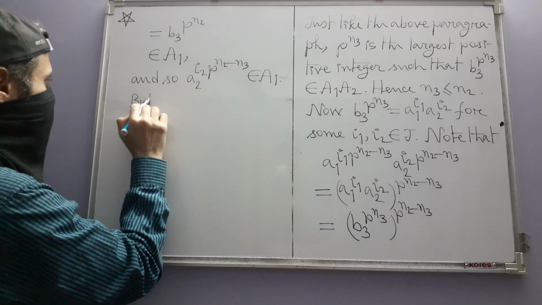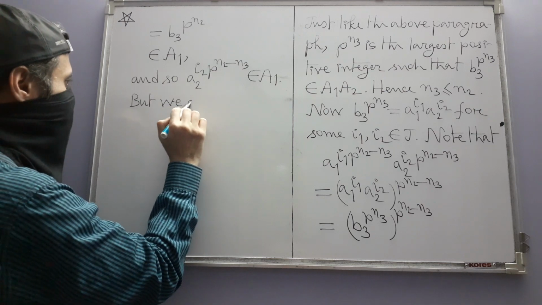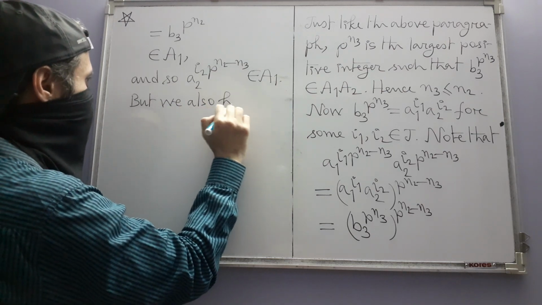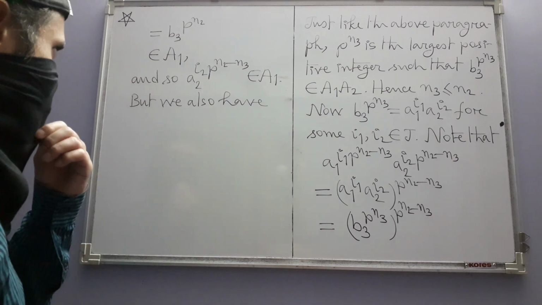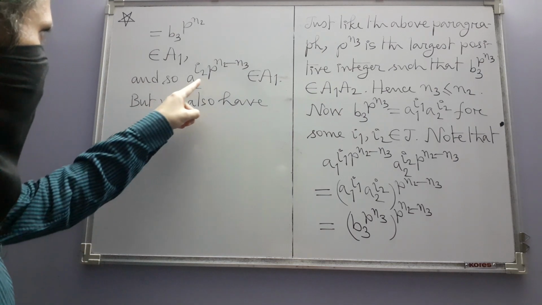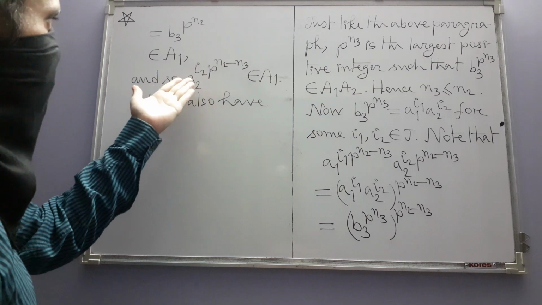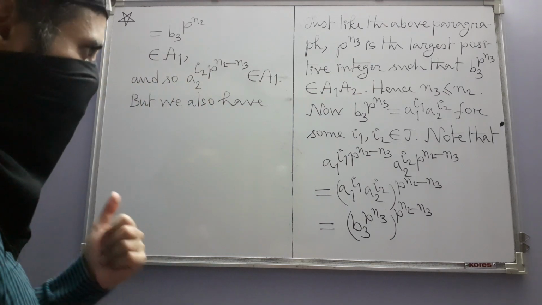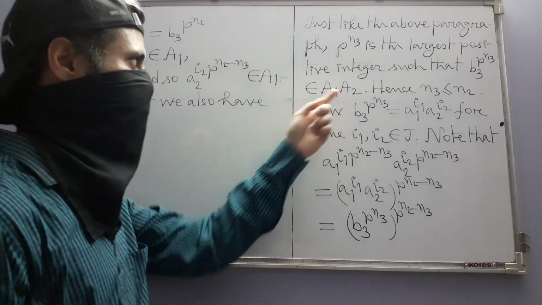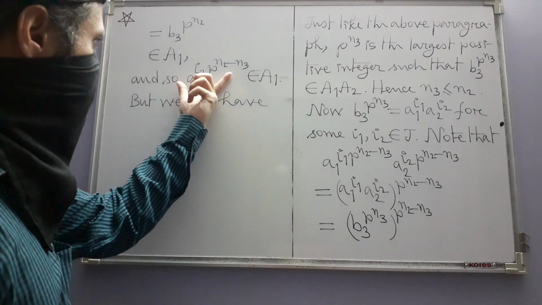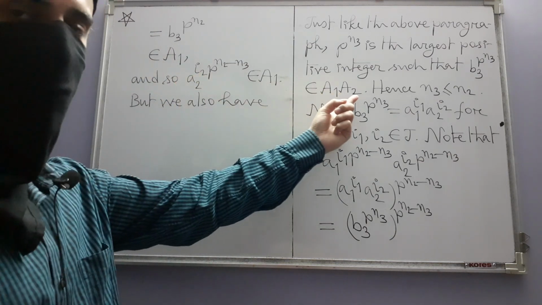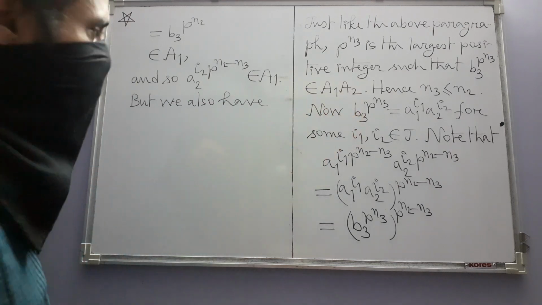But we also have, okay, now let us also consider the fact that this element is a power of A2, and capital A2 is the cyclic subgroup generated by that small a2. So this power of A2, P to the power N2 minus N3, will simultaneously belong to capital A2 as well.